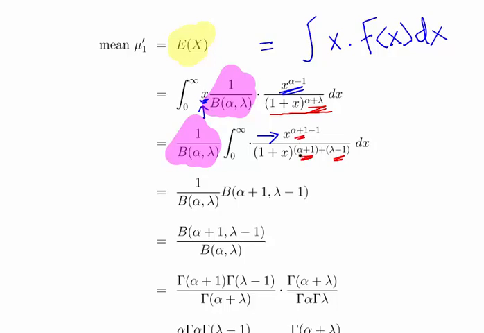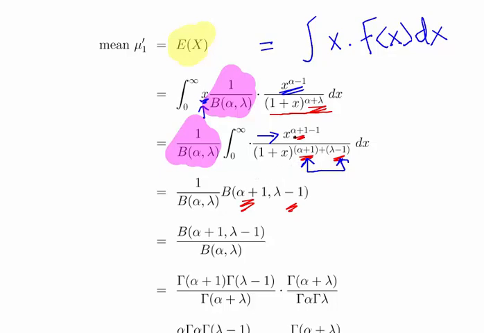So essentially we have the integral set up in the context of the alternative beta function, but the parameters are alpha plus 1 and lambda minus 1. The two parameters form this addition here, the power in the denominator.